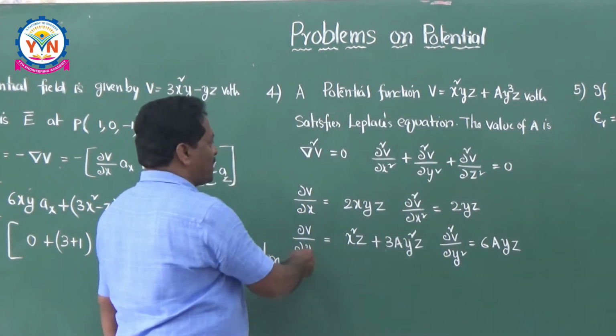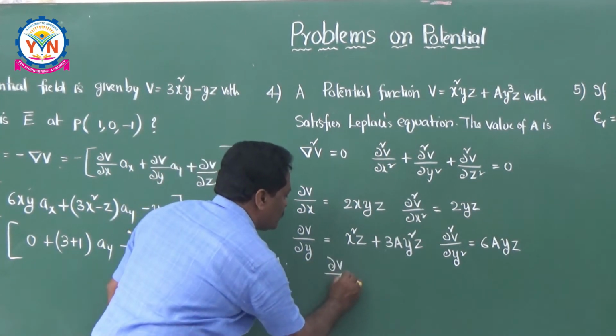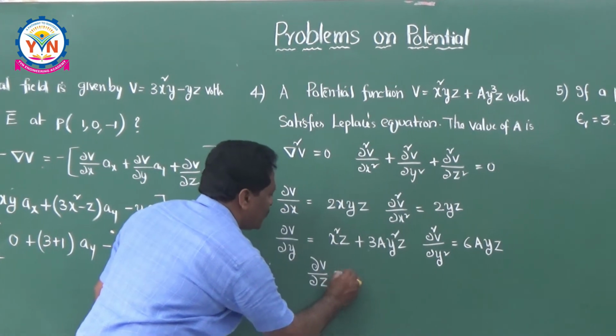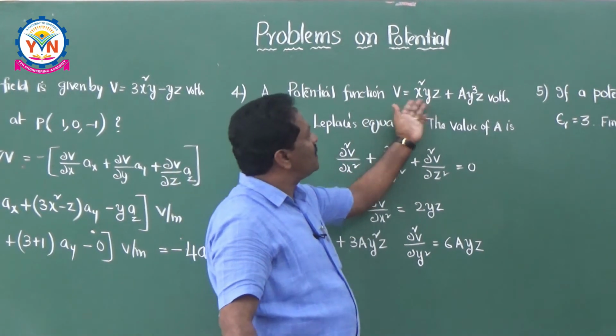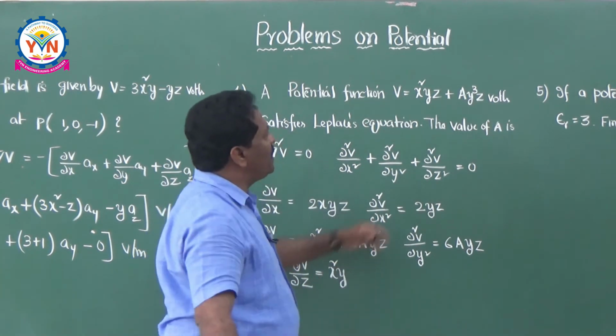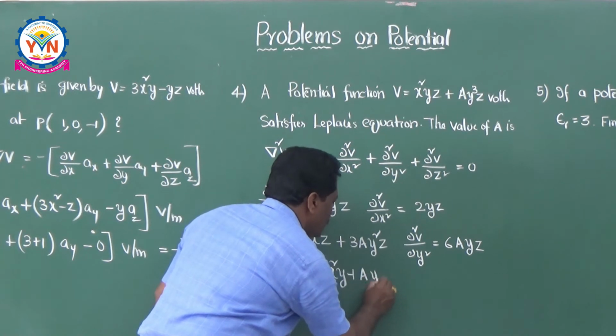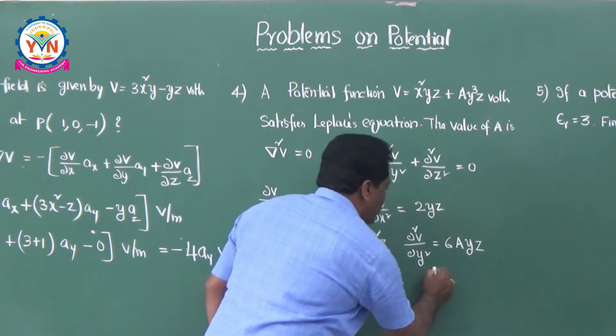So, what is dou V by dou z? With respect to z, this is x square y plus a y cube. So, what is dou square V by dou z square?